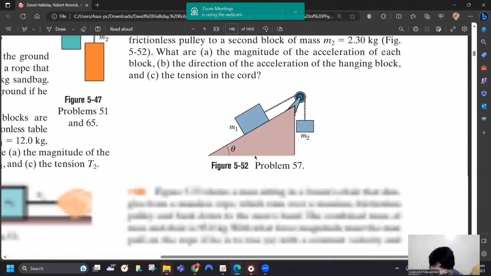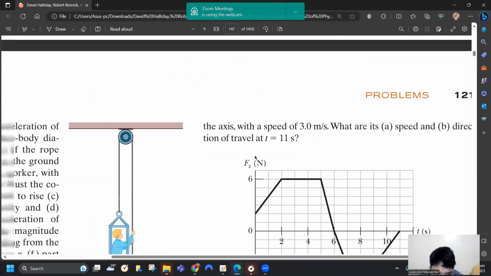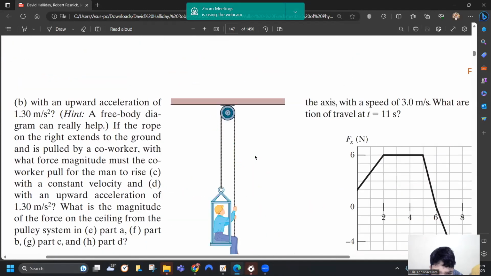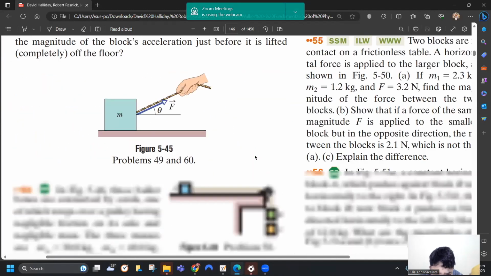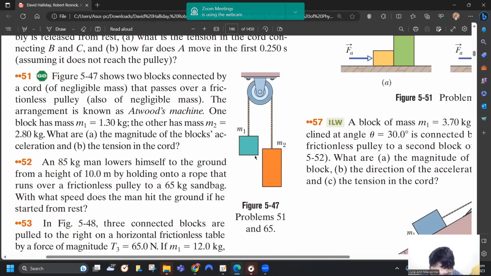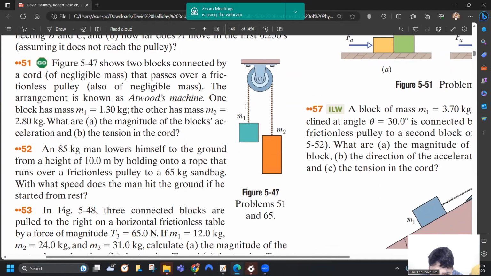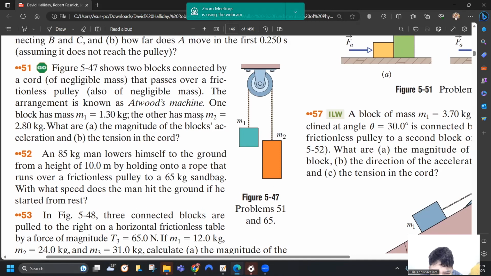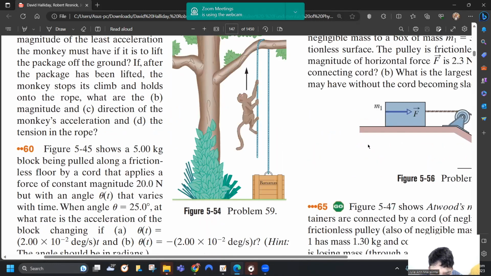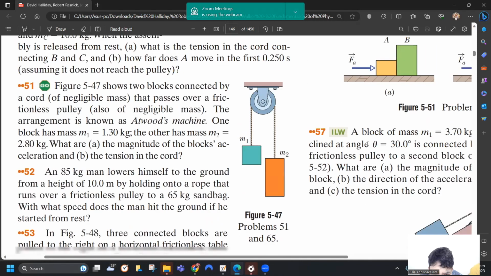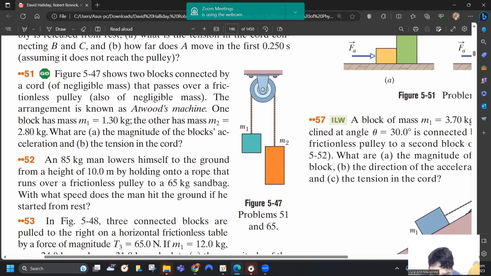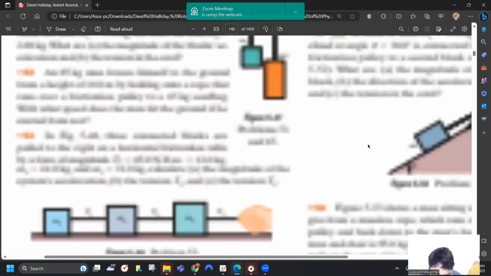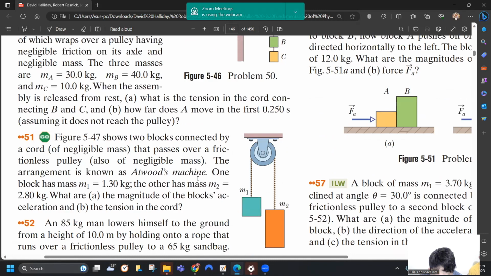It's the Atwood machine. The monkey now becomes an Atwood machine, so the situation is now similar to the Atwood's machine.